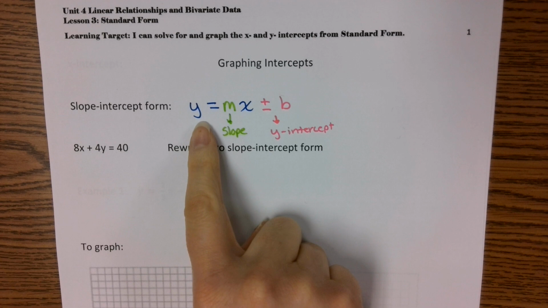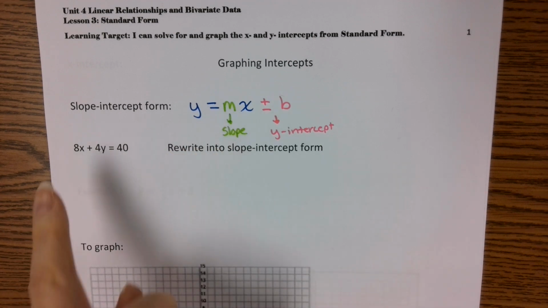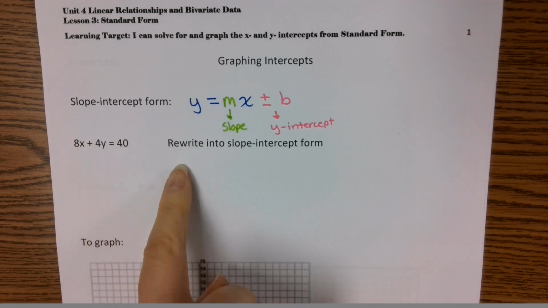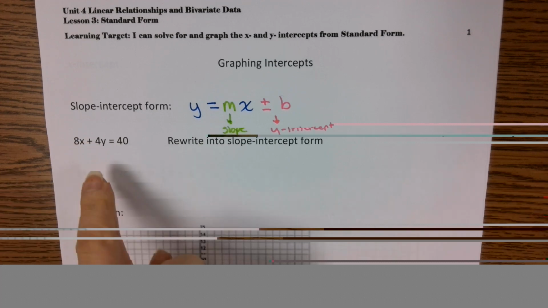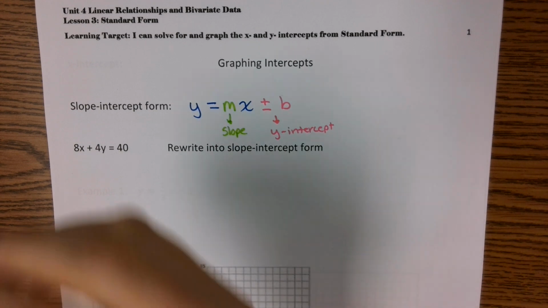The whole idea of slope-intercept form is that y is isolated. So that means we have to move our x term to the other side, and then divide everything by the coefficient of our y term. Okay, so let's start with moving our x term.